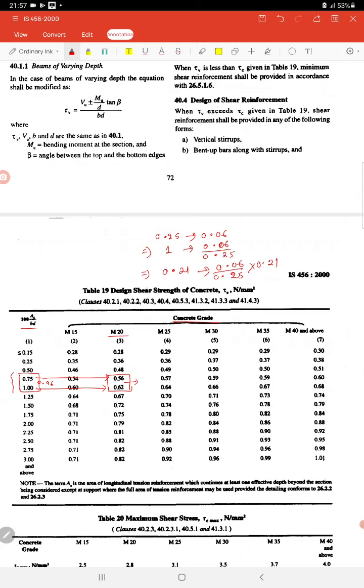So what will be the value for 0.96? For 0.75 it is 0.56, so this plus x. If we calculate, this x value will be 0.05.